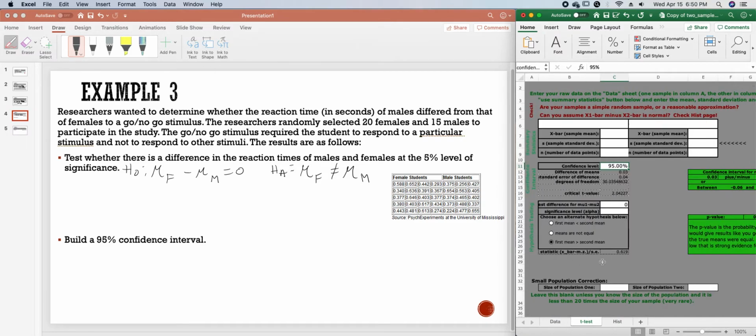And that gives us a t-statistic of 0.62. So I'm going to write that over here.